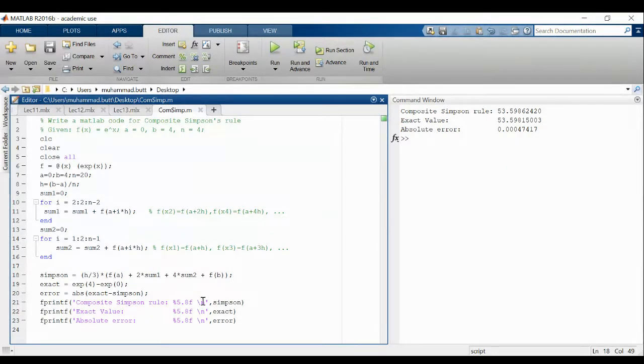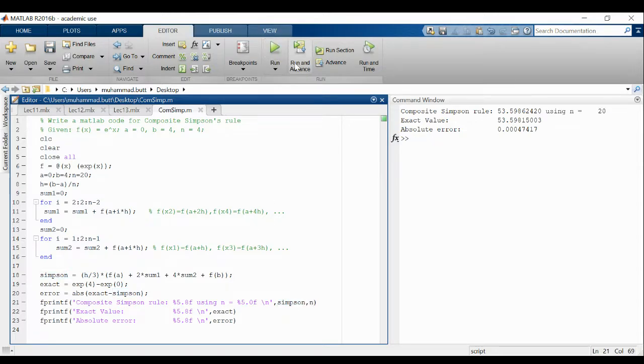And moreover, if you want to write something more special, like when you are changing the n, you can say composite Simpson rule using n equals, and then you put an n here so that you know what n is.